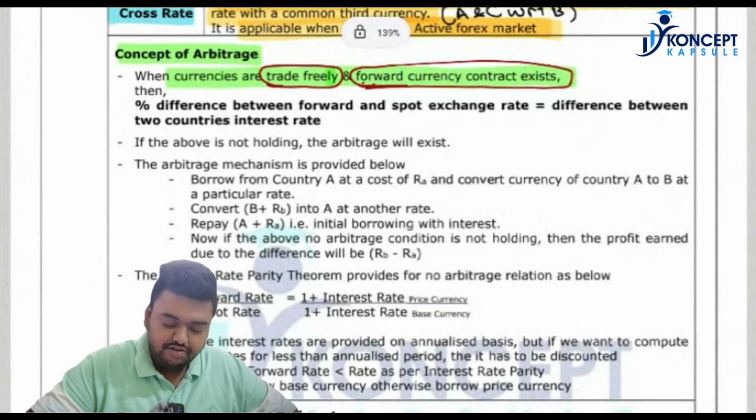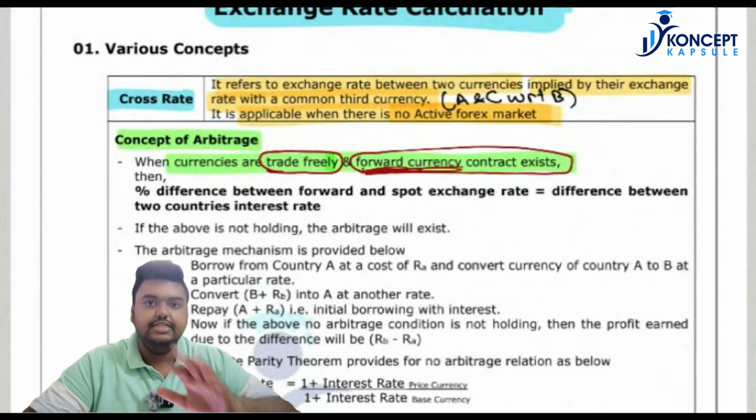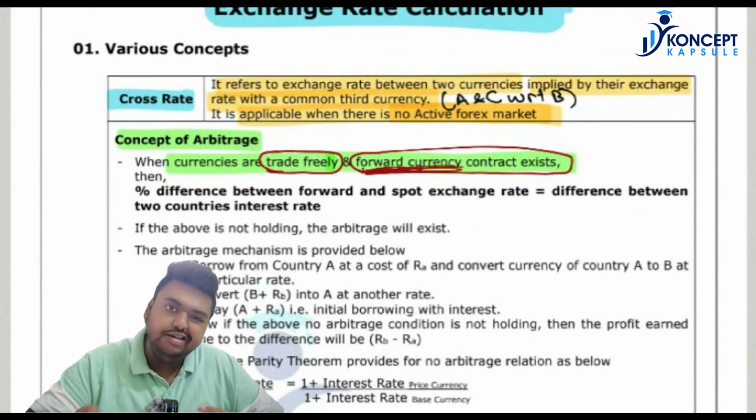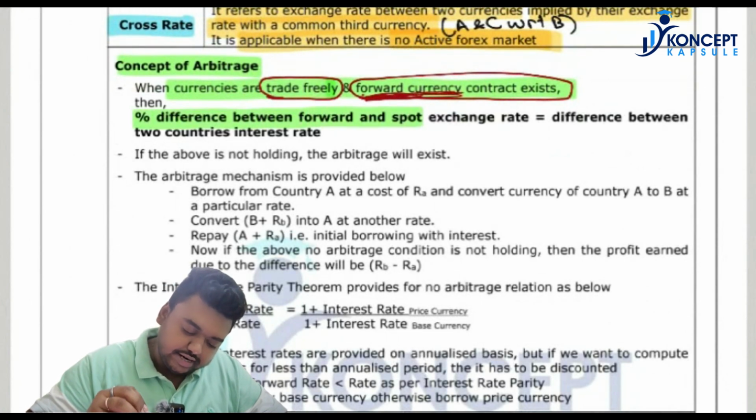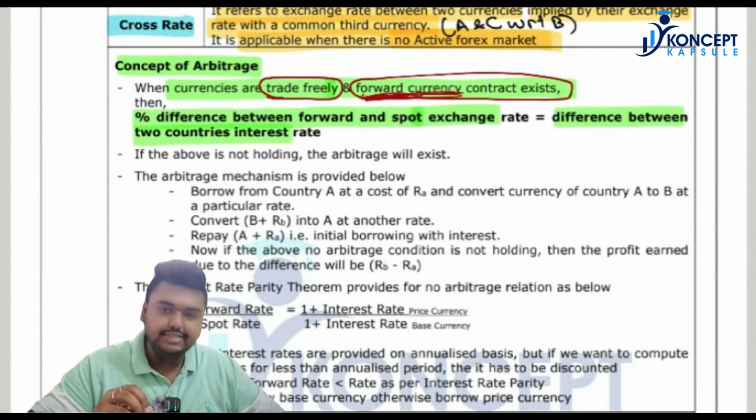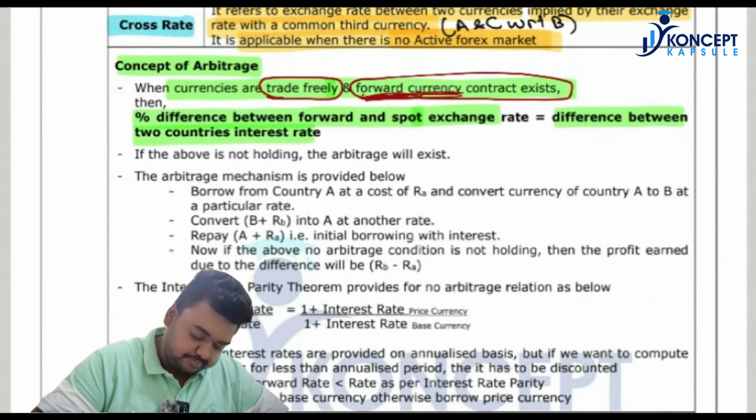If the forward currencies are also not existing, this condition will not happen. But if they exist, then the percentage difference between the forward and spot is nothing but the difference between the two countries' interest rate. Very important.